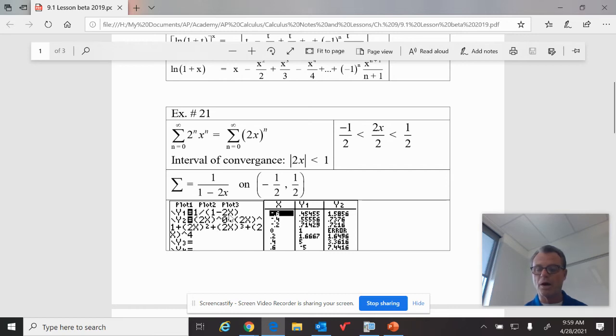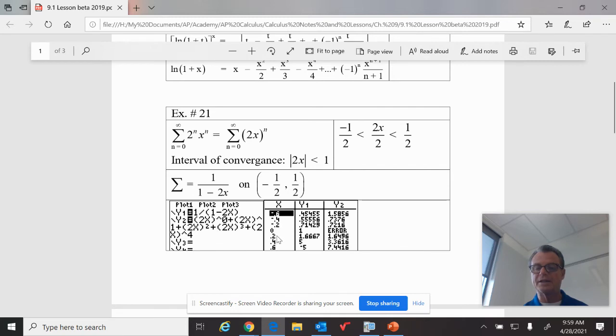So here's our function in y1. Here's our fourth order series in y2. And we looked at the table here. At -6/10, which is outside the interval, the values are very different.